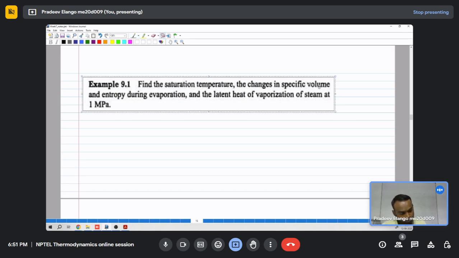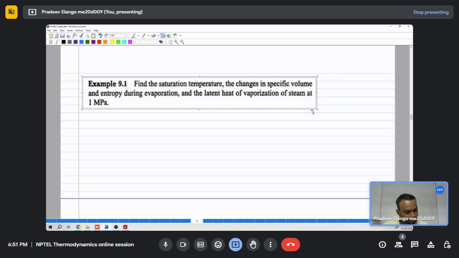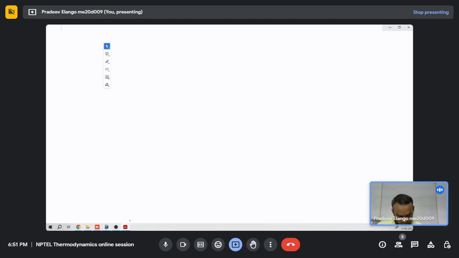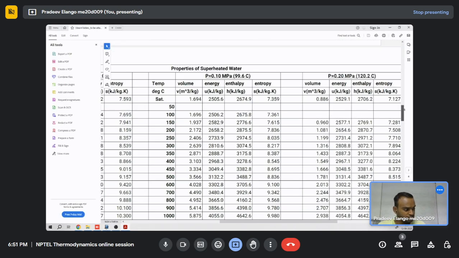In the next problem, we have to find the saturation temperature, the changes in specific volume and entropy during evaporation, and the latent heat of vaporization of steam at 1 megapascal. So for 1 megapascal we can go to the steam pressure table.